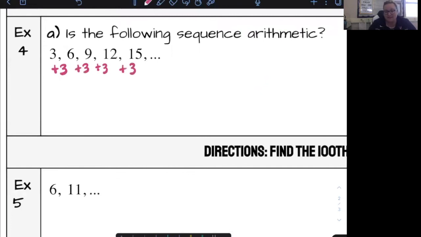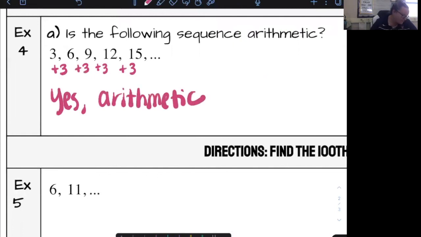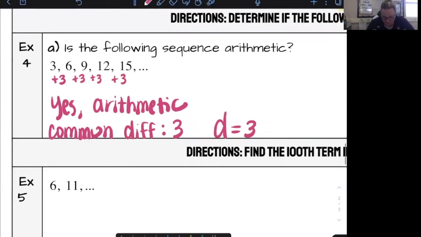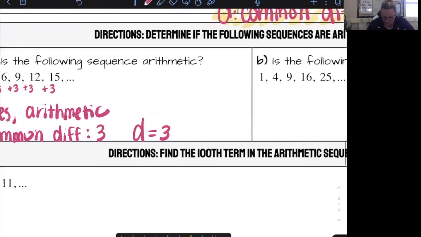So yes, this is an arithmetic sequence because we have a common difference of 3. So D would equal 3 in our formula.